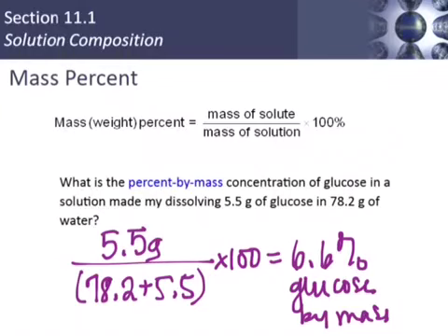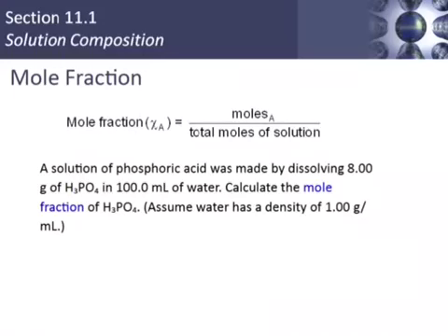All right, mole fraction. So we're going to take the moles that we are interested in and put it over the total moles of the solution. So here we have a solution of phosphoric acid, and it was made by dissolving 8 grams of H3PO4 in 100 mL of water. Calculate mole fraction of H3PO4, assuming water has the density of 1 gram per mL.